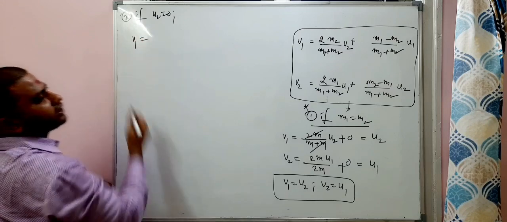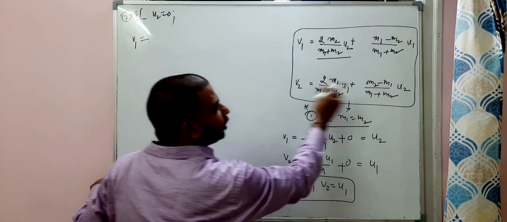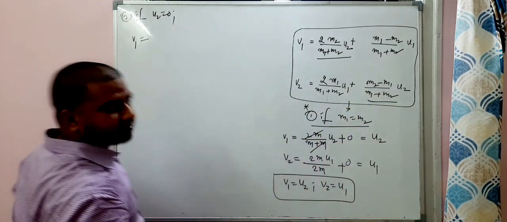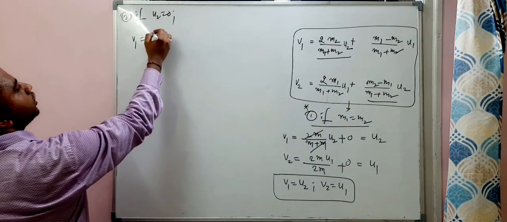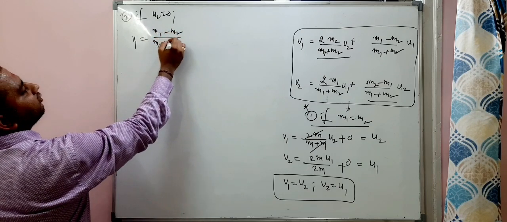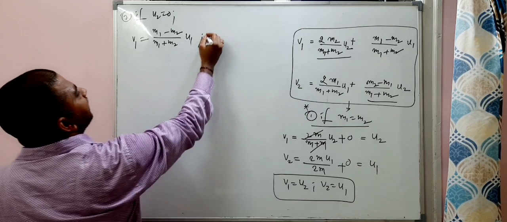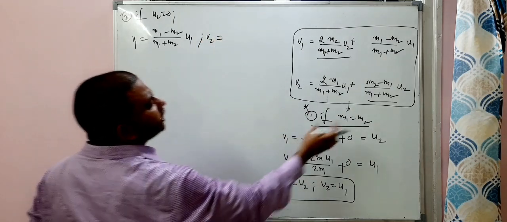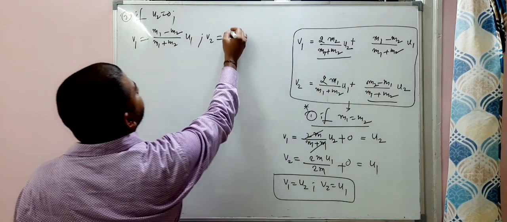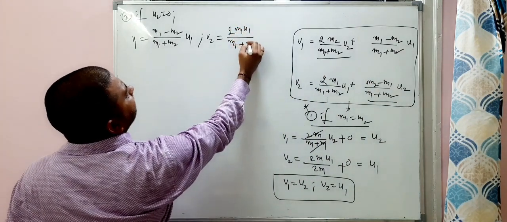So for the v1 expression, note, if the second body is at rest, this term becomes 0. So v1 is equal to (m1 minus m2) divided by (m1 plus m2) into u1. And at the same time, v2 is equal to, this term being 0, 2m1 u1 by (m1 plus m2).